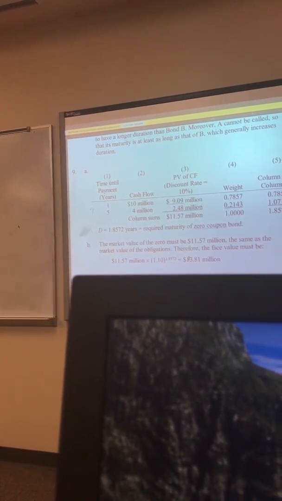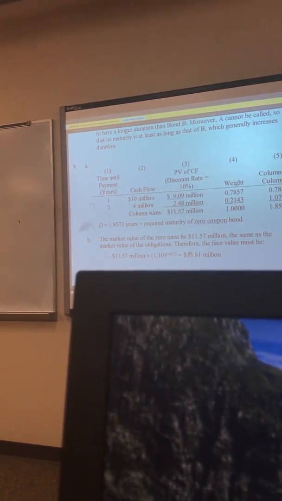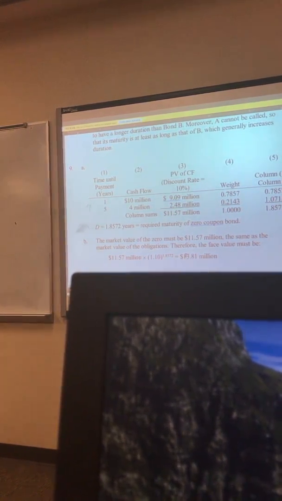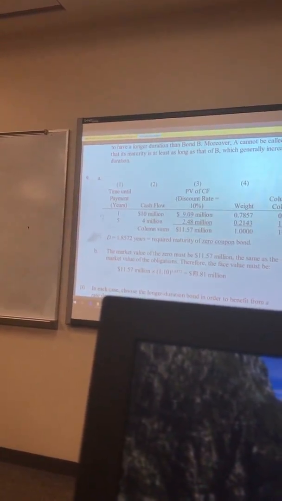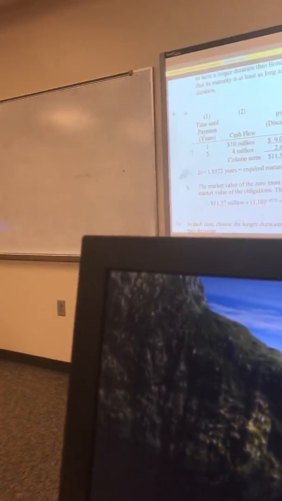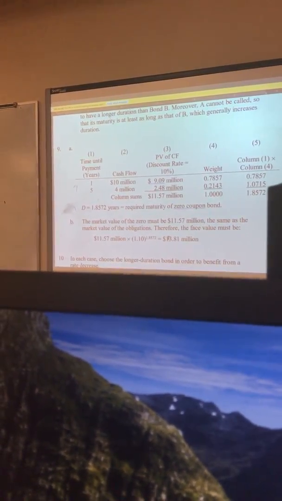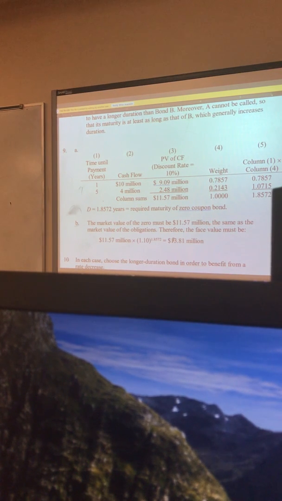The second essential understanding in this problem is that it says, what is the maturity of the zero coupon bond that this insurance company has to issue?